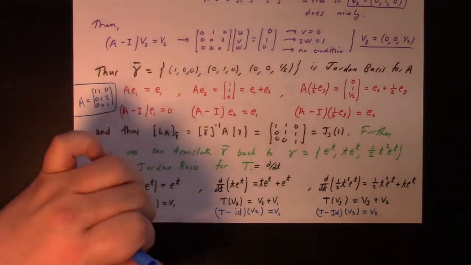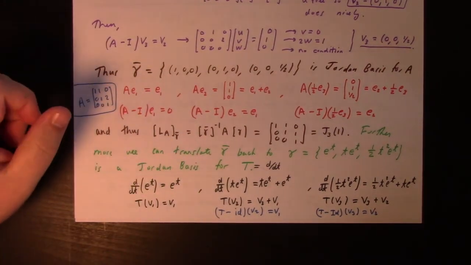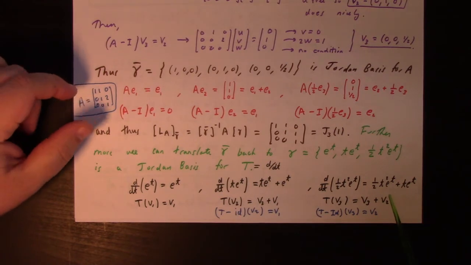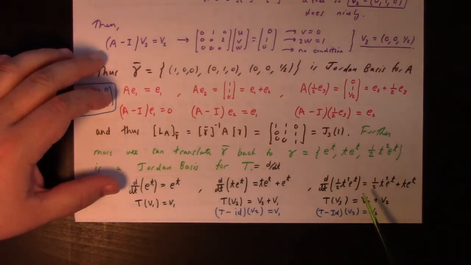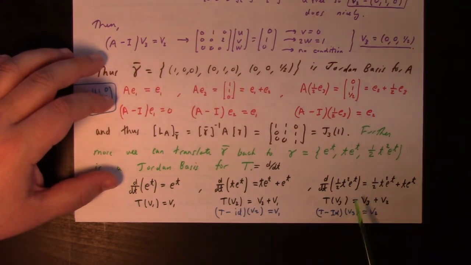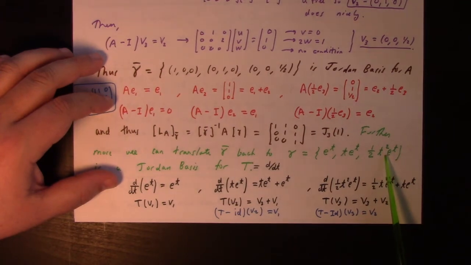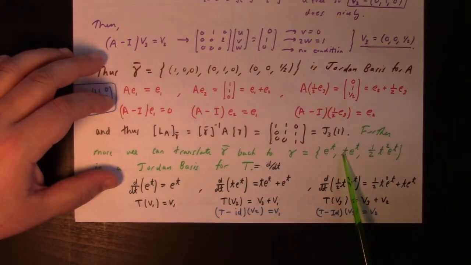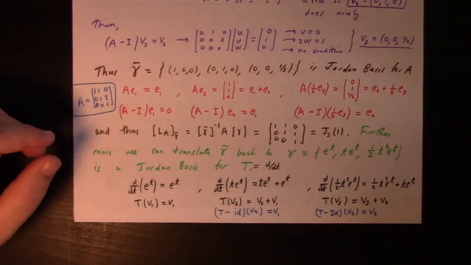So yeah, this 1/2 t squared e to the t is a generalized eigenvector with eigenvalue 1, and when you multiply this by T minus the identity, you get V2. When you operate T minus the identity on V2, you get V1. So in short, that's the top of the chain, and operating by T minus I on this gives me that. That gets me to that. So anyway, long story short, it's a Jordan basis.